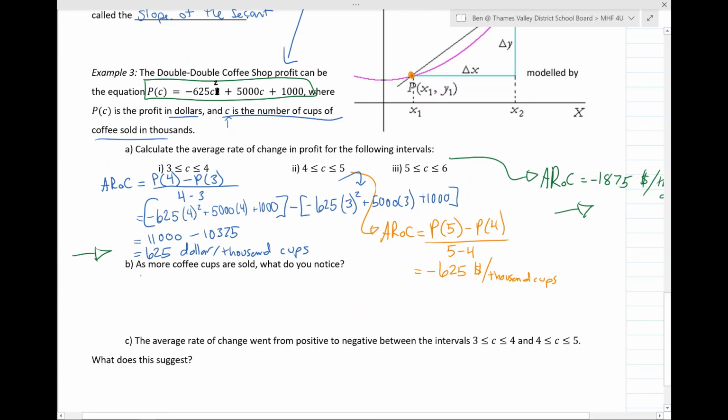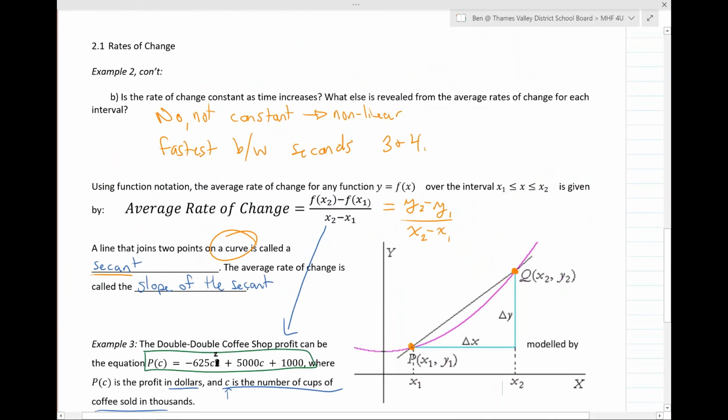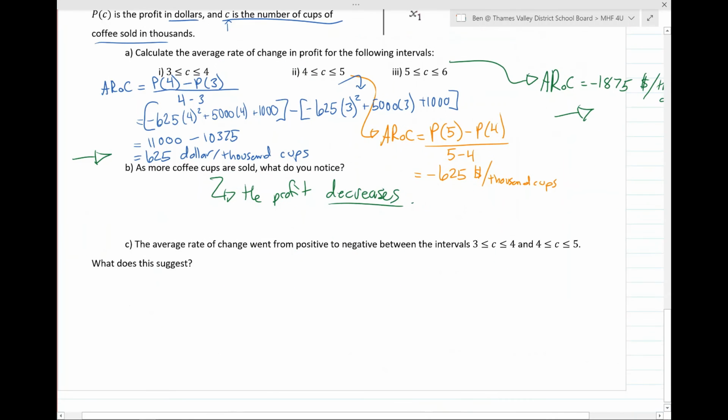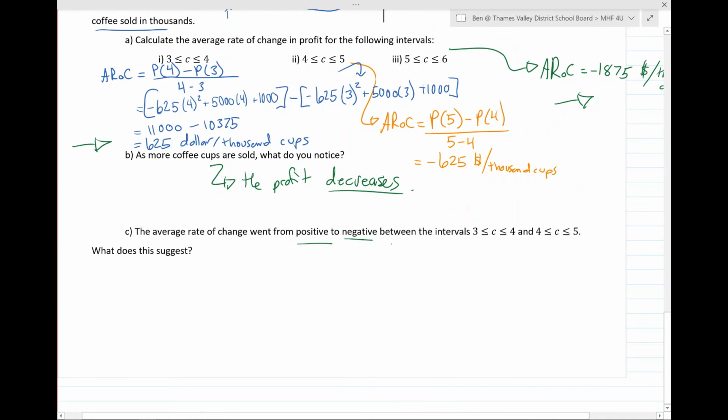So as more cups of coffee are sold, then the profit decreases. Now our average rate of change goes from positive to negative between the intervals 3 and 4 and 4 and 5. What does this suggest?